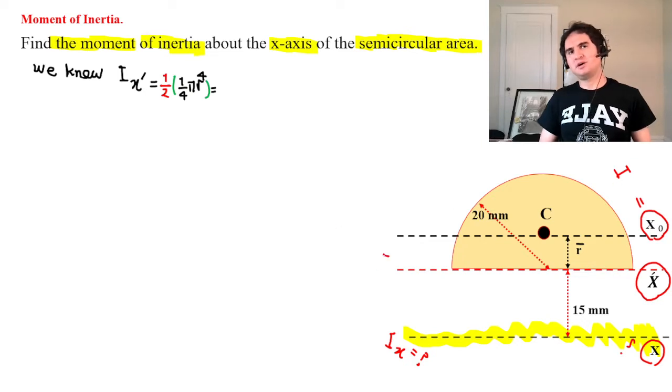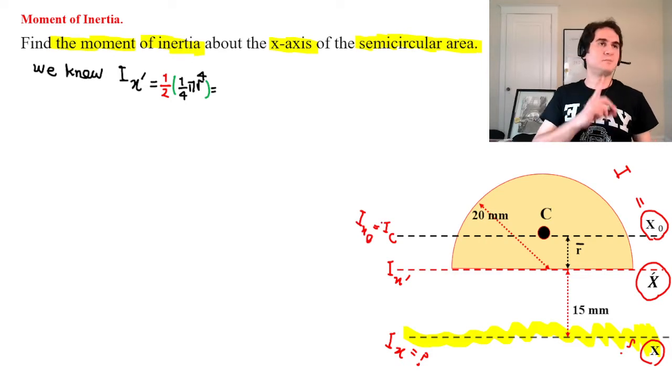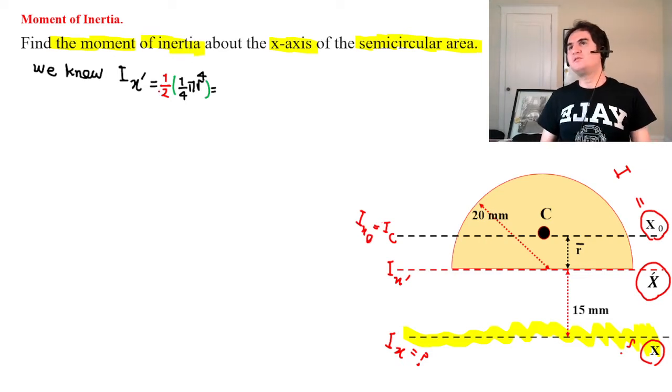So this is Ix prime, Ix, and this is Ic, equal to I centroid or Ix naught. So far we just know Ix prime, which is here.